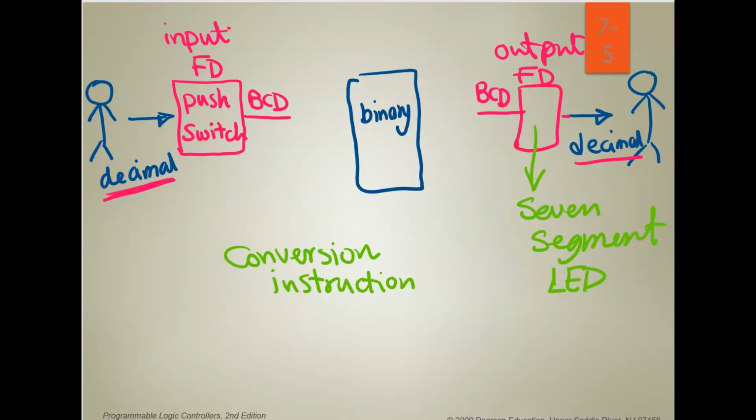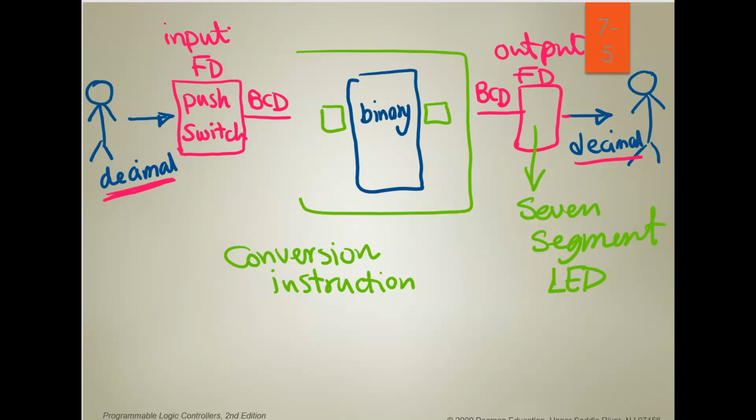So using input and output field devices, we can convert our decimal into binary coded decimal, or the binary coded decimal into decimal. But in order to convert the binary coded decimal to binary for the processor to work with the number, and then make sure that this binary output can be converted back to binary coded decimal, so the 7-segment LED can display the number in decimal form for us, we need to use conversion instructions. This conversion instruction basically happens within the PLC.